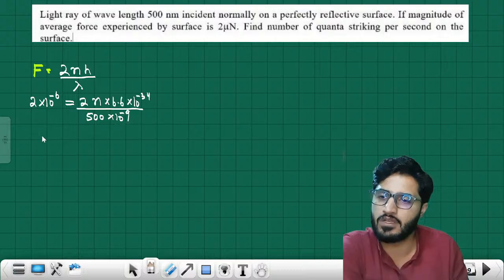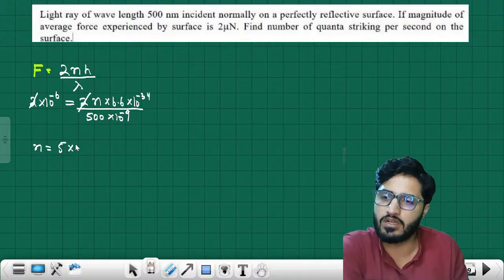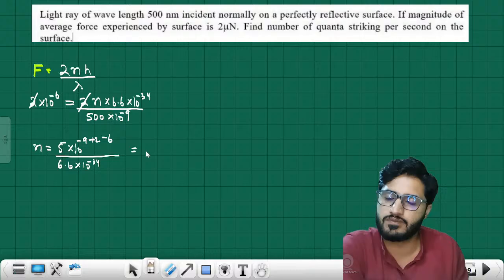So n came out, the 2 cancels out. It will be 5 × 10 to the power minus 9 times 2 × 10 to the power minus 6 divided by 6.6 × 10 to the power minus 34. So I can write 5 divided by 20 by 3, 10 to the power minus 9 minus 15 plus 2, here is minus 34.